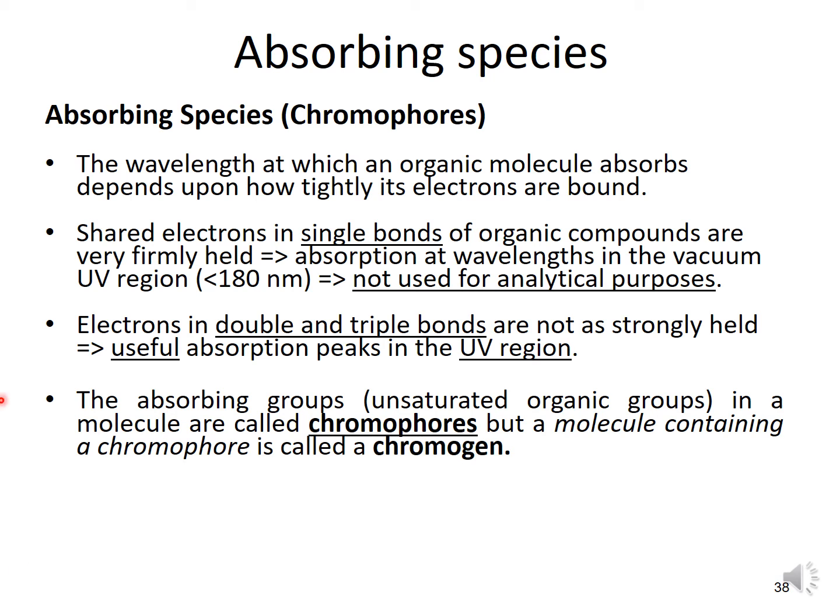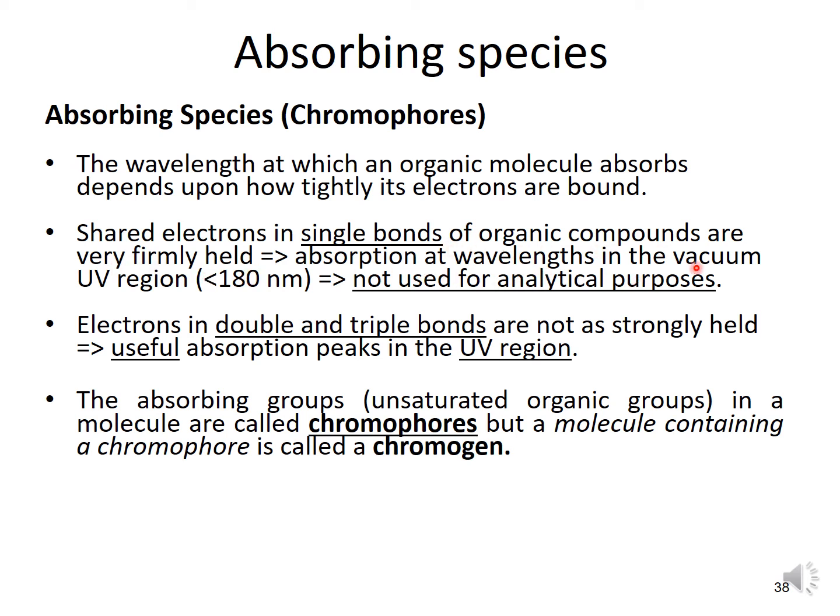Here you can see the wavelength at which an organic molecule absorbs depends upon how tightly its electrons are bound. Shared electrons in single bonds of organic compounds are very firmly held.